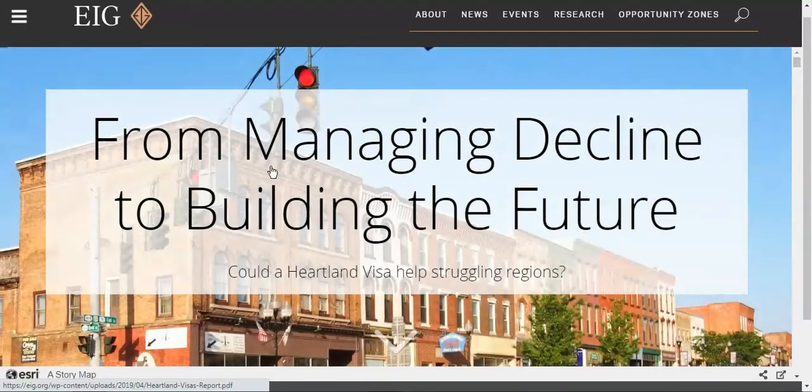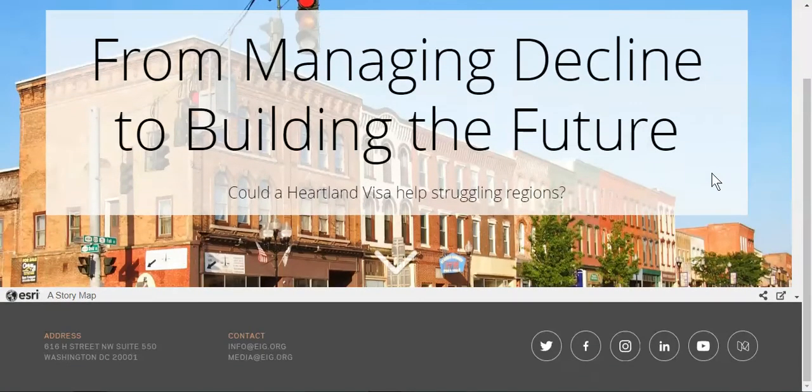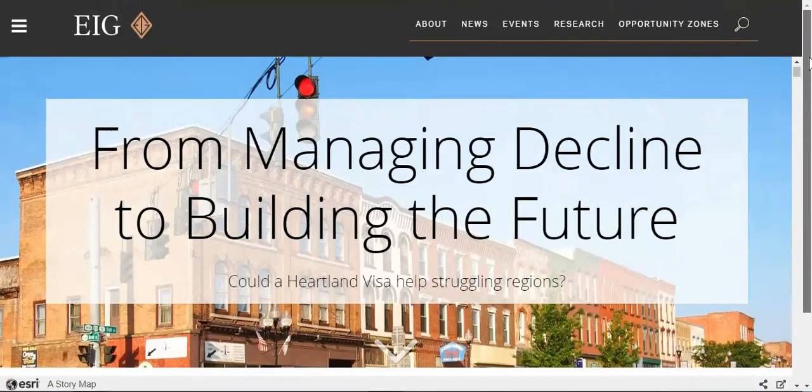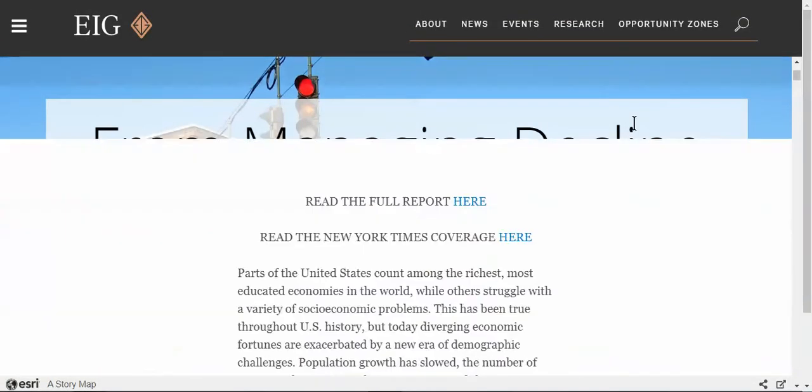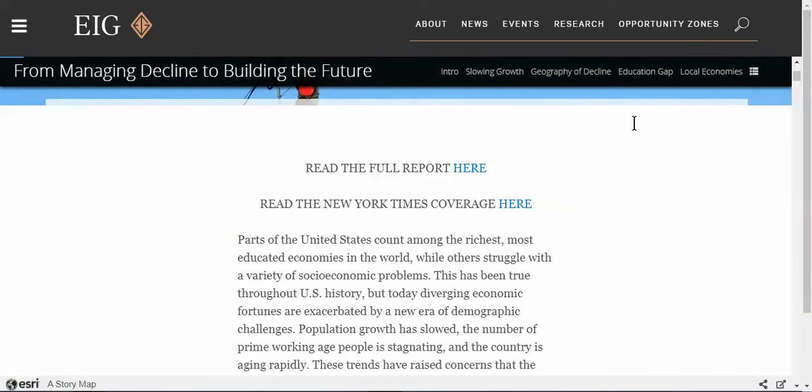What I'm asking you to do today is go through the various chapters of this story map and examine the data. And so the first thing I want to point out is that if we look at this story map, and I'm going to scroll down through this, and again, I'm not going to hit all of the main topics, but you are welcome also to read the coverage of this in the New York Times or in the full report put out by EIG.